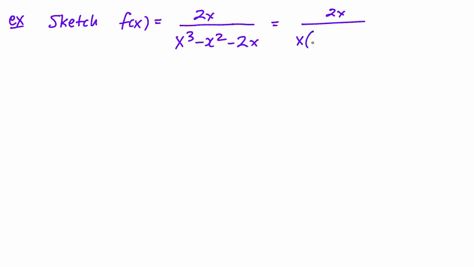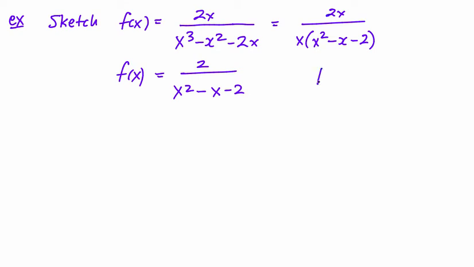So if you take out a common factor in the denominator, then these x's can cancel, and so I'm really dealing with a similar equation that looks like 2 over x squared minus x minus 2. I can't forget that I've canceled out the x, so that canceling out the x is leading to a hole. So that hole is when x is equal to 0, and I need to remind myself of that.